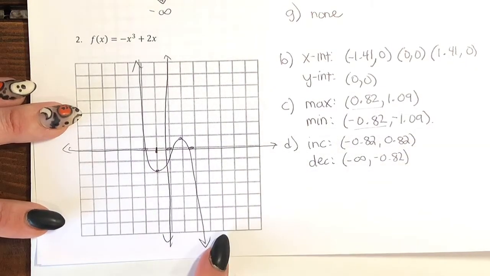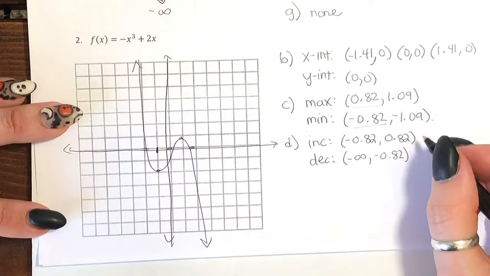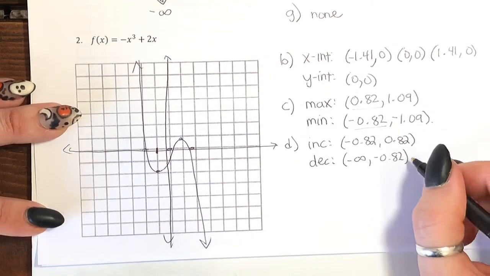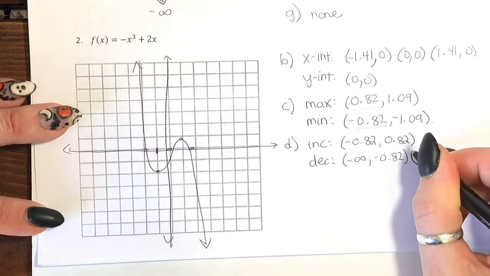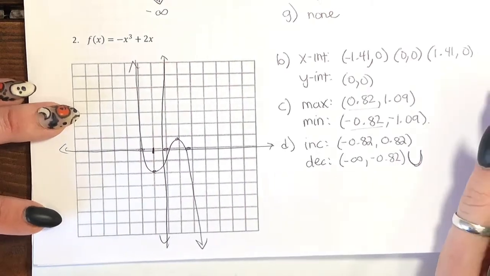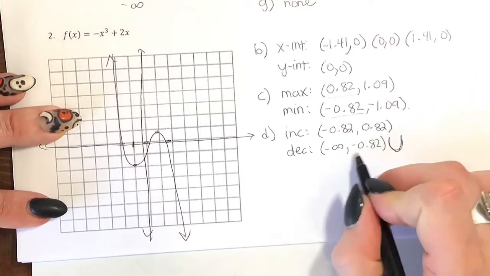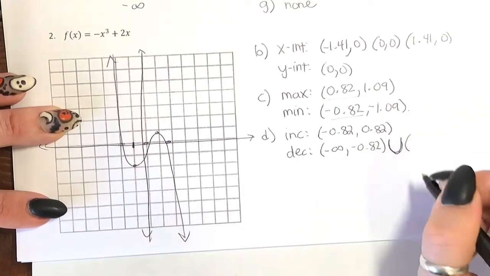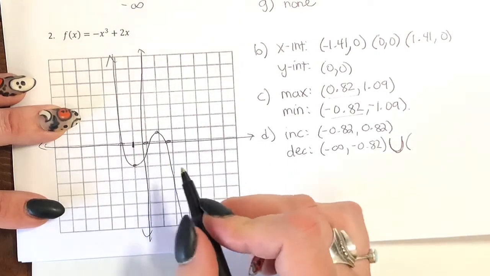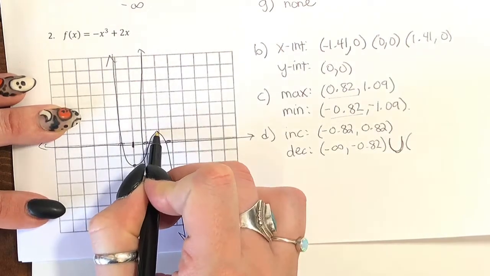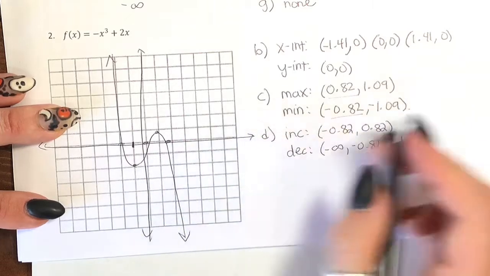So when we have multiple increasing and decreasing parts, to write the second section of your interval, you're going to do the little union symbol. It's kind of like a giant U. We're saying we're decreasing here and in the next section. So that's what that little union symbol represents. So now we're decreasing from this maximum till forever.